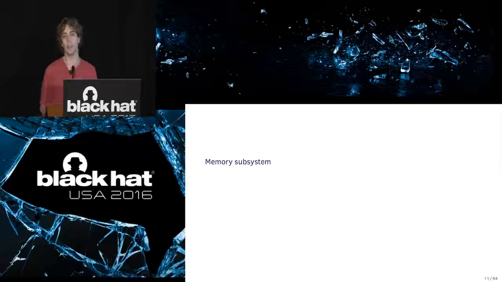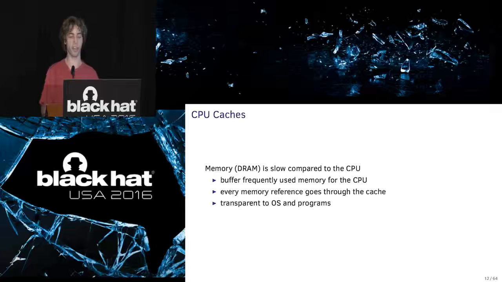Okay, let's start right away with some background on the memory subsystem. So for the first part, we want to talk about CPU caches, how CPU caches work. You have relatively fast CPU nowadays in your computer, but the DRAM is still very slow, because that's how DRAM works. And there is some idea to make the accesses to your memory faster, because you need a lot of memory, but only need a small fraction of the memory in a high frequency.